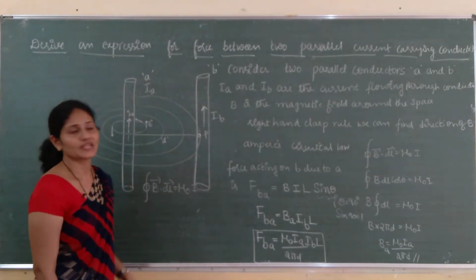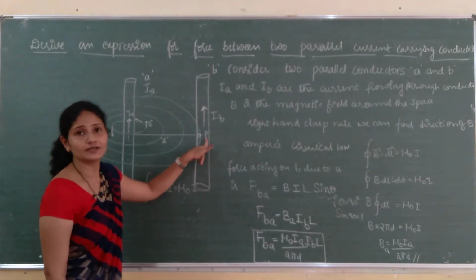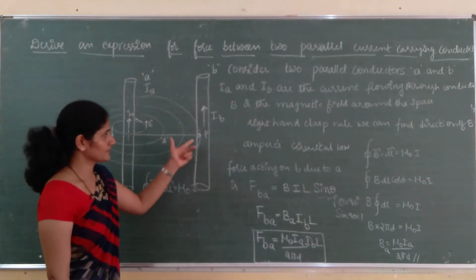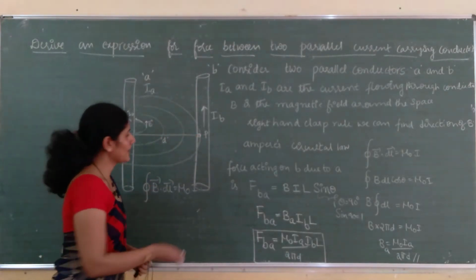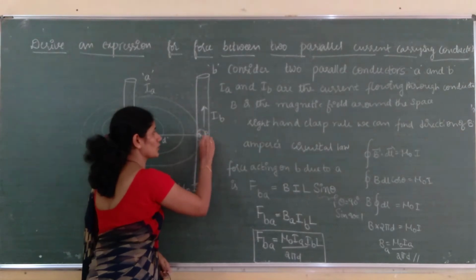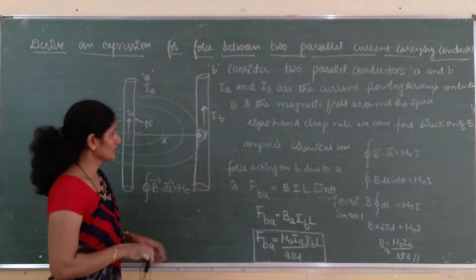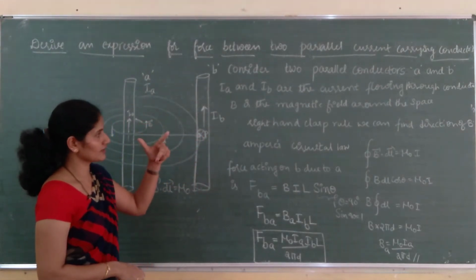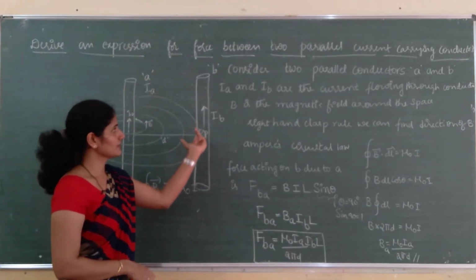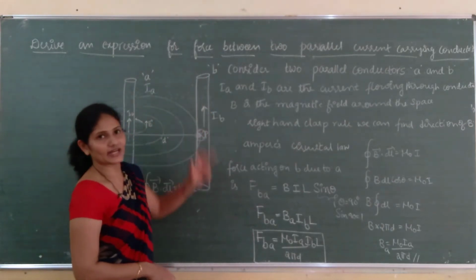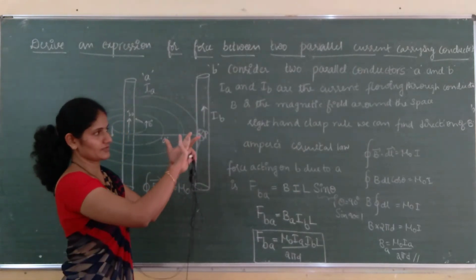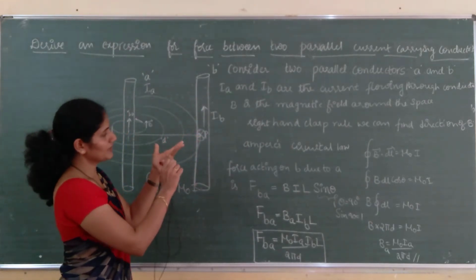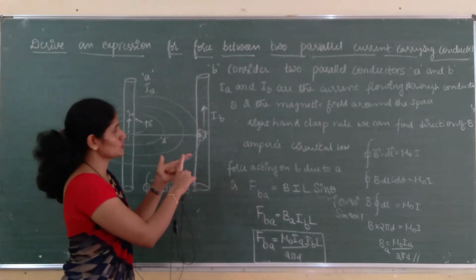Here at point P, the magnetic field B is into the plane, so cross. This finger is into the plane. The middle finger gives the direction of current.